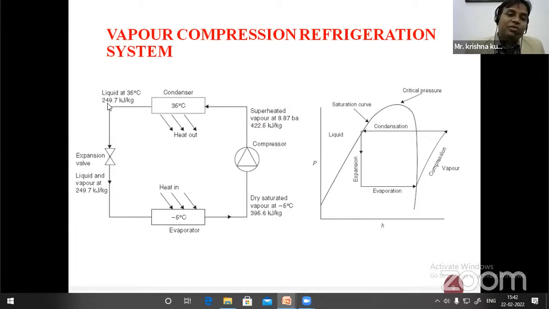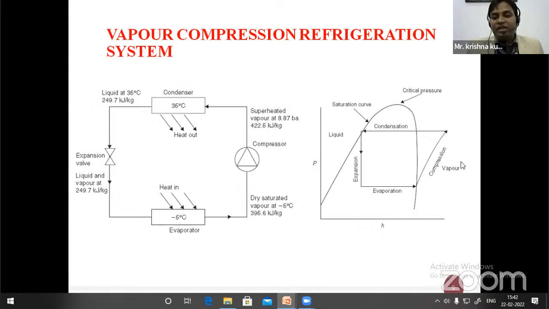After that it goes to the expansion device or capillary tube, where its temperature and pressure decrease, and again it goes to the evaporator where it absorbs heat from the surroundings, and then it becomes vapor, and again goes to the compressor.